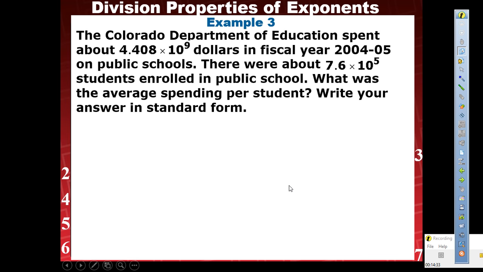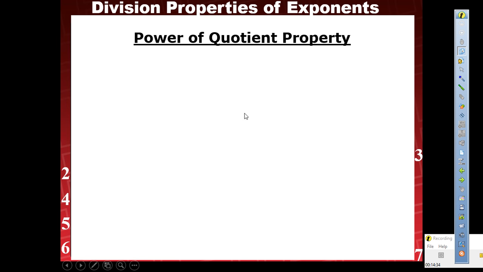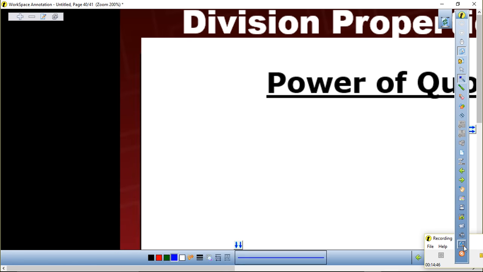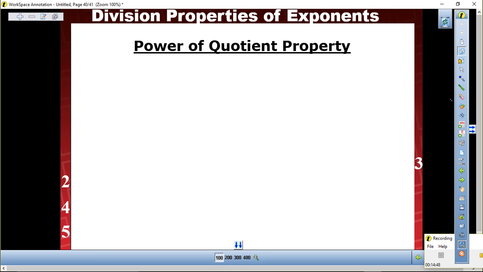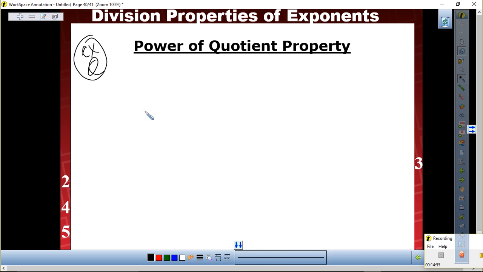Let's move on. Write on your paper, power of quotient property. Example Q. Here he goes.